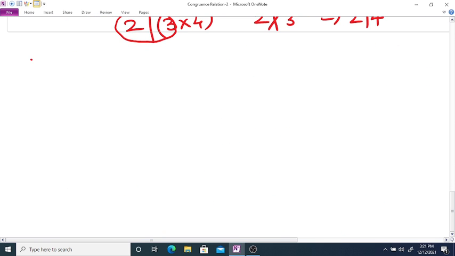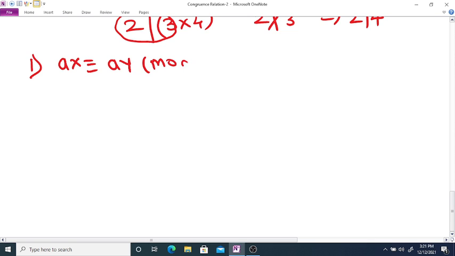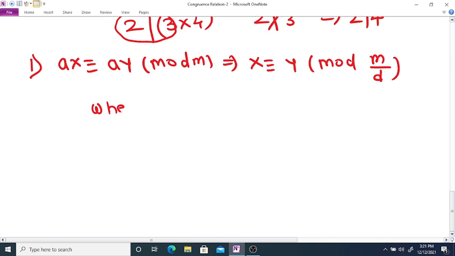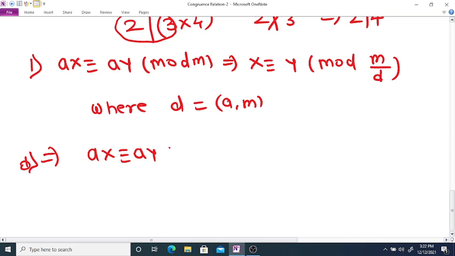That is, we want to show that first, if Ax is congruent to Ay modulo m, then x is congruent to y modulo m by D, where D is GCD of a, m. Now, since given Ax congruent to Ay modulo m, from this we can write m divides Ax minus Ay.